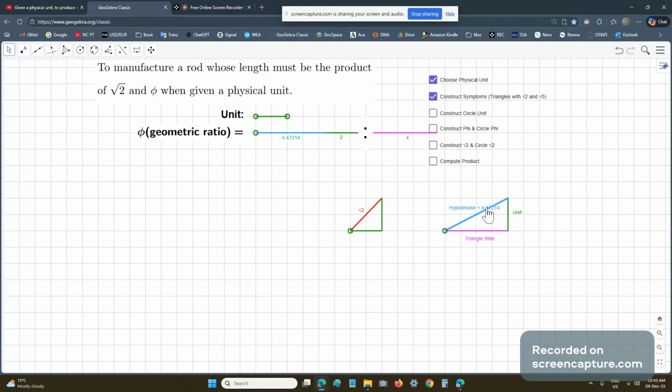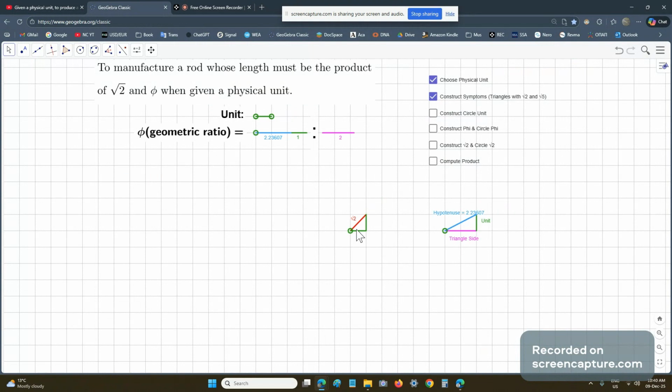Don't worry about that value there, because you'd have to divide it by the unit to get square root 5. If you divide this by 2, which is a unit length, you will get square root 5. So it doesn't matter what the unit is, but I'm going to stick with the unit 1 for the time being. I'll show you again later that it doesn't matter.